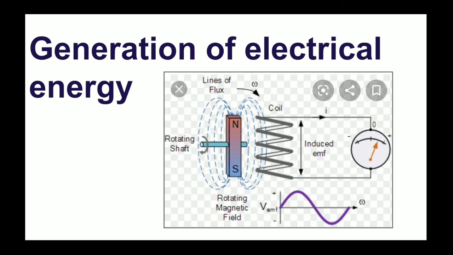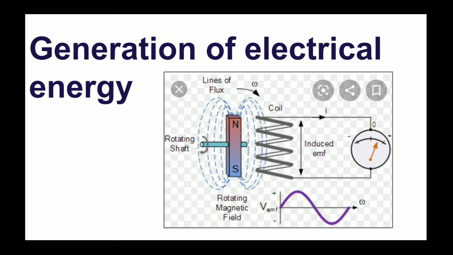This concept of electromagnetic induction explains that if a conductor or a coil is placed in a magnetic field, then current is produced or generated.